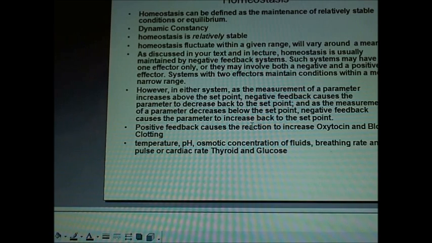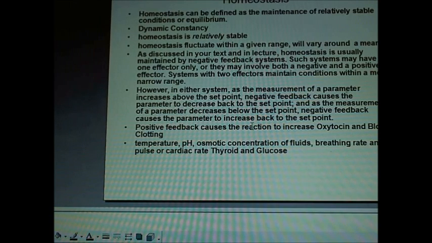Now the body tries to maintain a range of values depending on what you're looking at, and let's use body temperature for one. And this again is a homeostatic mechanism. Your body temperature is not set. It varies. And the body maintains a range.